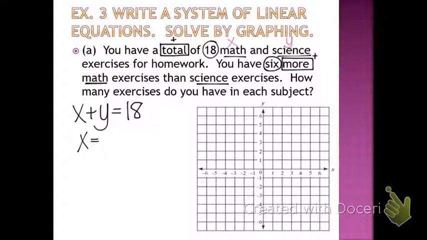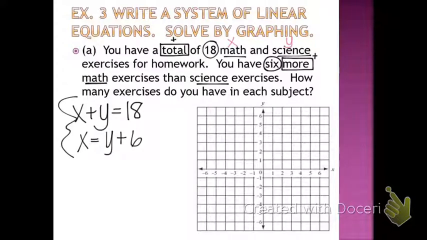What are we going to be doing with those 2 pieces of information? We're going to be adding them. Because if you take your science exercises and you add 6 more to them, that's how many X equals. So the second equation is X equals the science exercises plus 6 more. Now you have a system of equations.